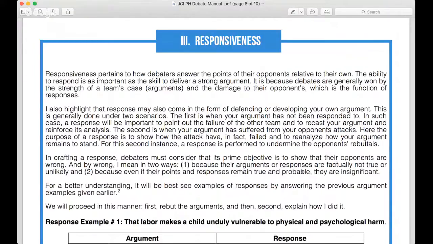The first level of responsiveness is what we call a technical rebuttal. Essentially, it answers whether or not the speakers before you were able to answer the important questions in an argument.